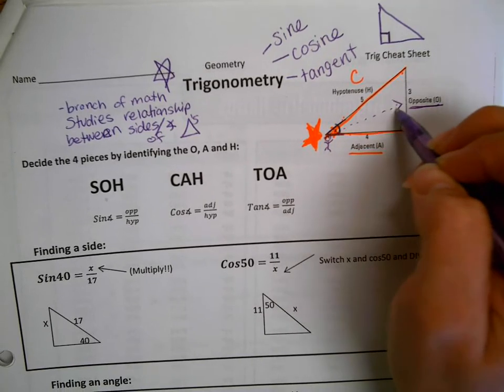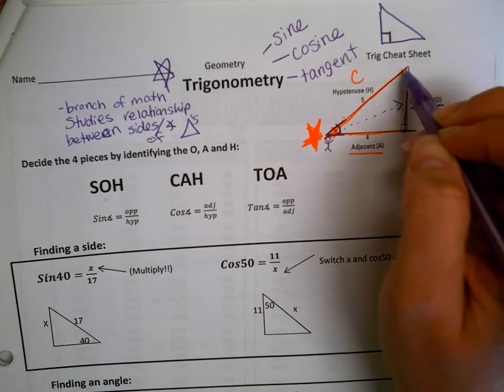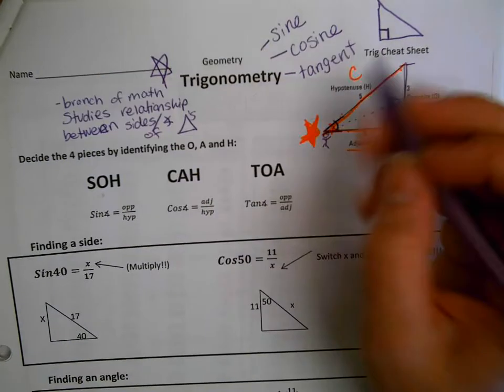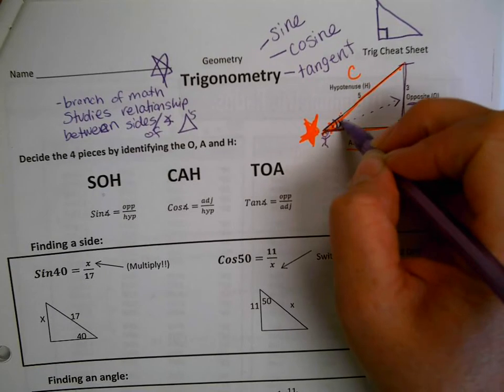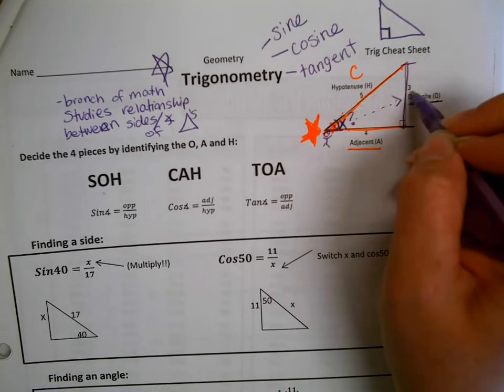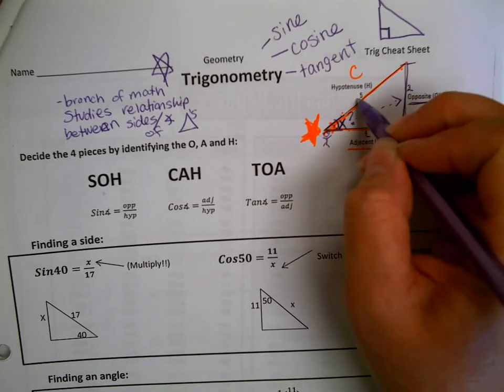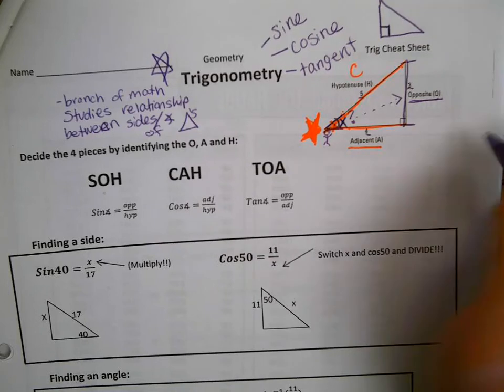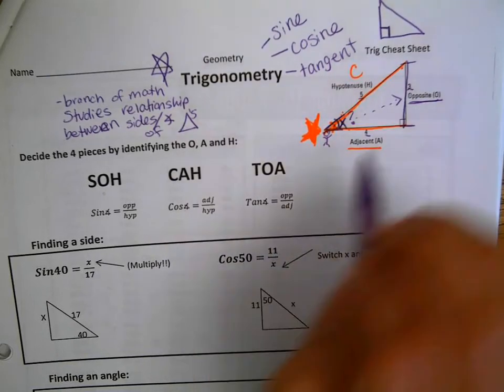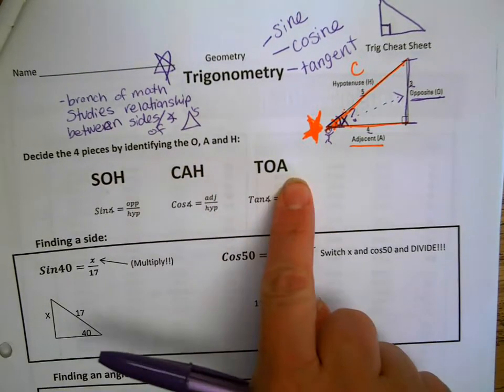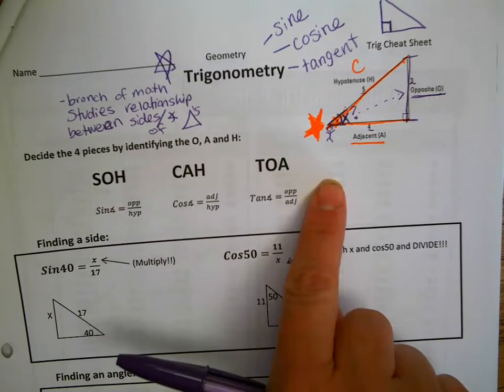The side opposite me has a length of 3. We're going to be able to find the measure of this angle based on these side lengths, 3, 4, and 5. But these O's, A's, and H's are the O's, A's, and H's here in this little acronym.